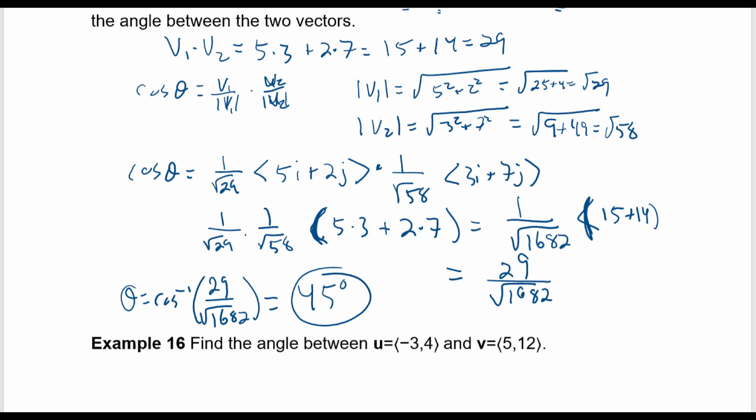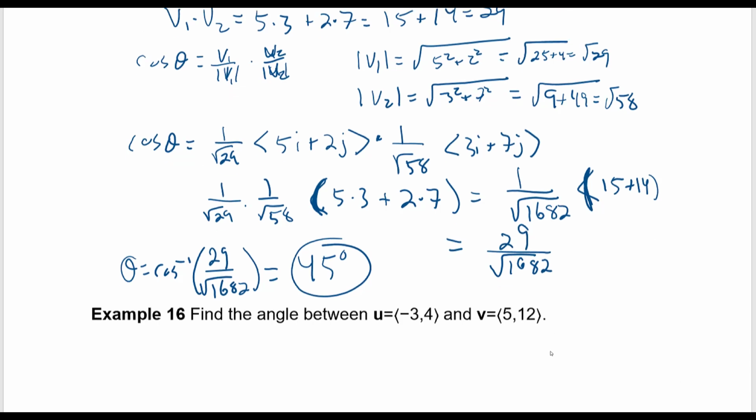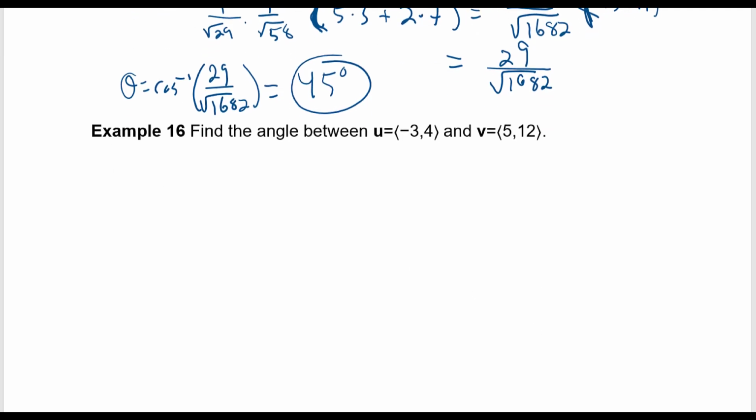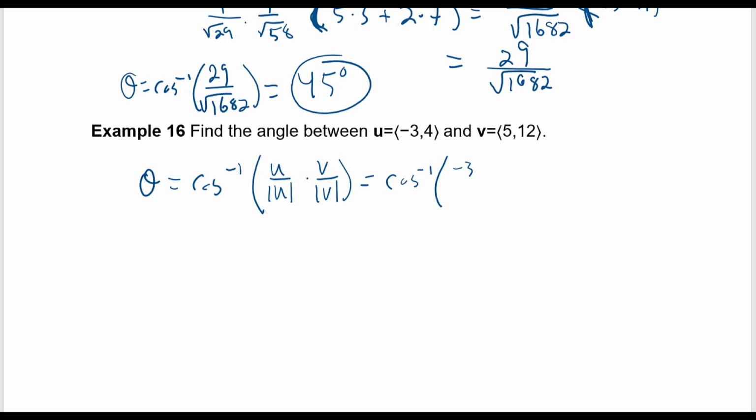Okay. The last problem for this video is find the angle between u and v. Same kind of thing. Our theta is going to be equal to cosine inverse of u over the magnitude of u dot v over the magnitude of v. So that's going to be cosine inverse of negative 3i plus 4j over, and I should have done the magnitude of u.